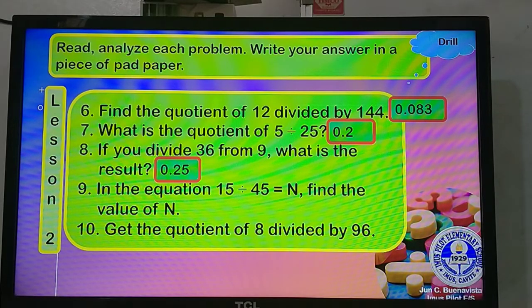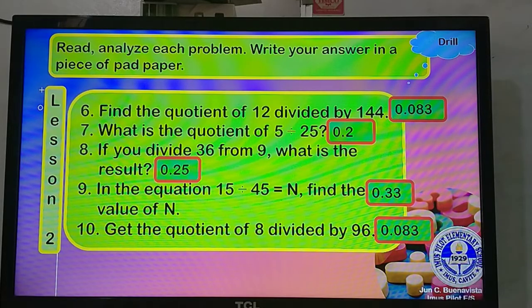So 15 divided by 45, the answer is 33 hundredths, or you can also have 0.333. That is again a repeating decimal. For number 10, get the quotient of 8 divided by 96. So the answer is 83 thousandths. That is the answer for your quiz last week.